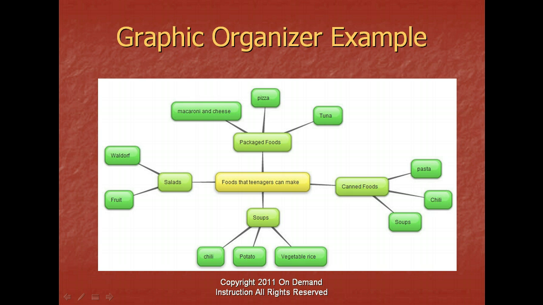And then on the outside we see details. Next to salads, you'll see Waldorf and fruit, which are 2 different examples of types of salads. Notice also that a color coding system has been used on this graphic organizer. This can help a visual learner to organize their information.